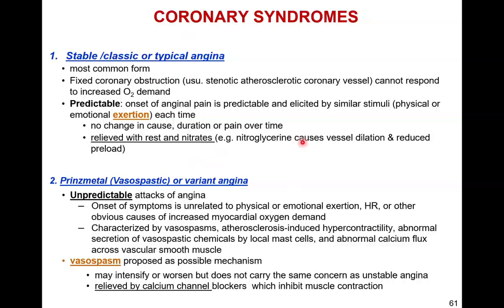Vasospastic or variant angina is a little bit different. This type of angina is unpredictable. It's not related to exertion, whether emotional or physical, but it can occur at night.